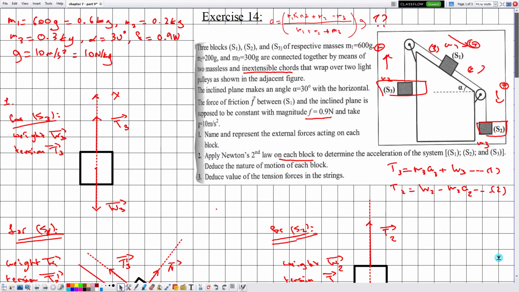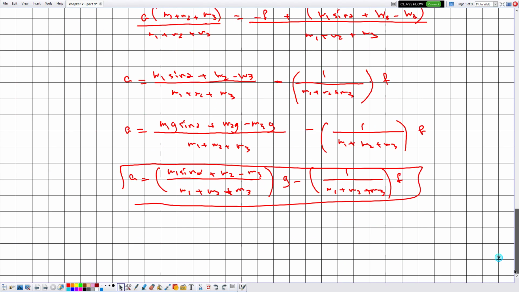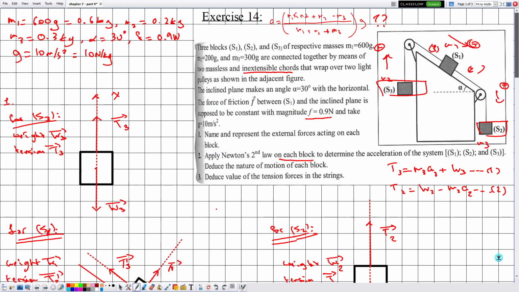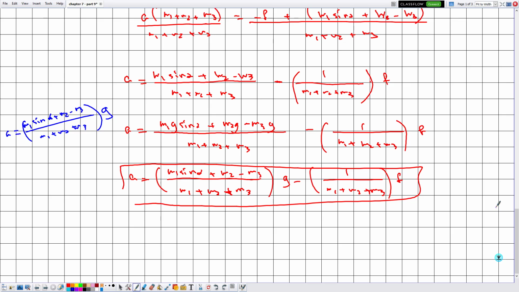We started with, we claimed that the acceleration will be given by A is equal to M1 sine alpha plus M2 minus M3 divided by the total mass of the system multiplied by the value of G, right? Then later on I said that this expression will be wrong because it includes F, so the factor of F appeared here. But simply if we set F to 0, so all of this will be 0, then the acceleration will be reduced to this, which means that our answer is correct.